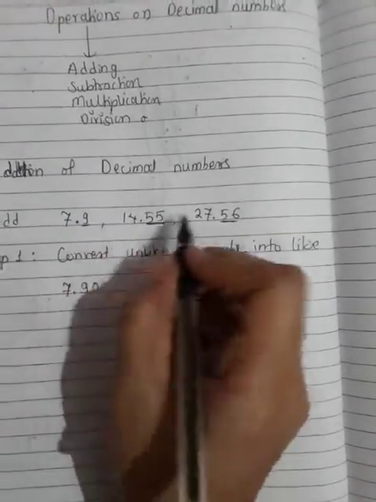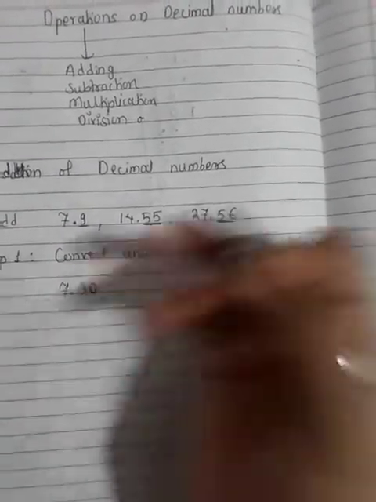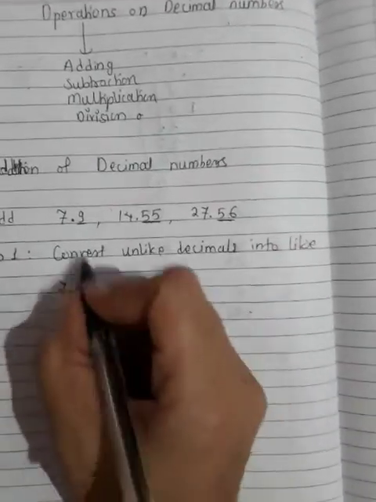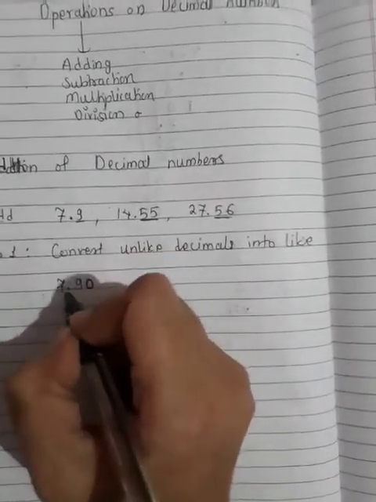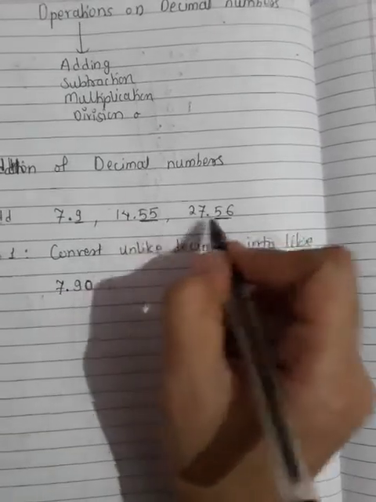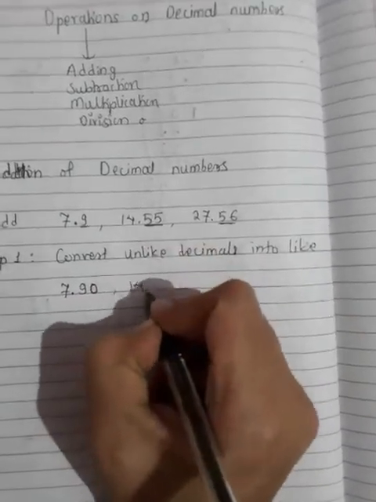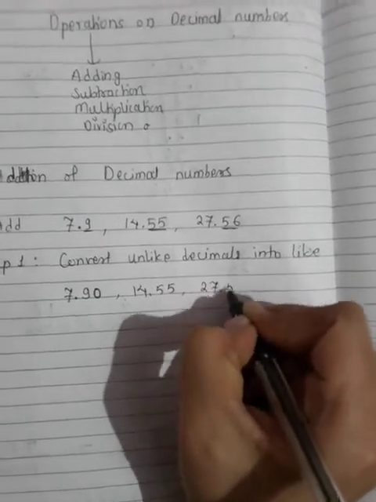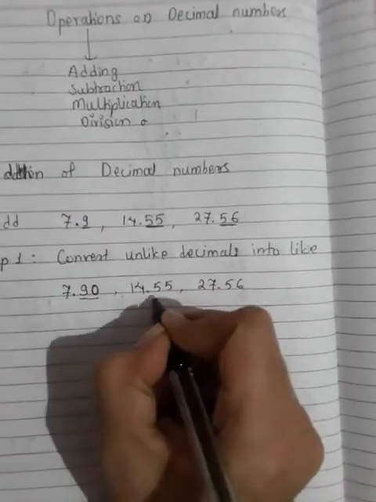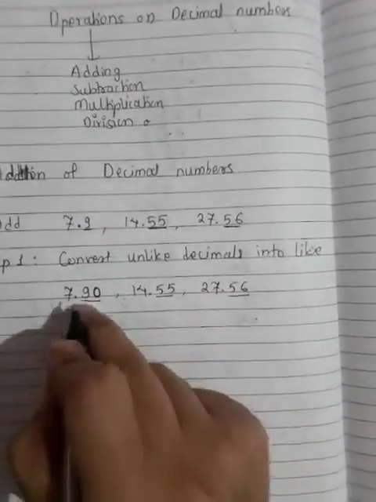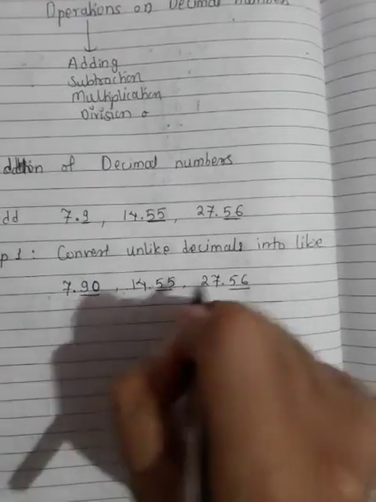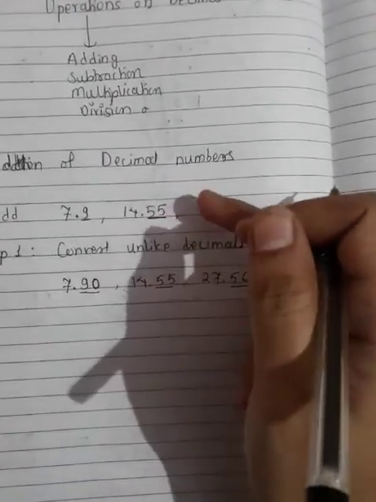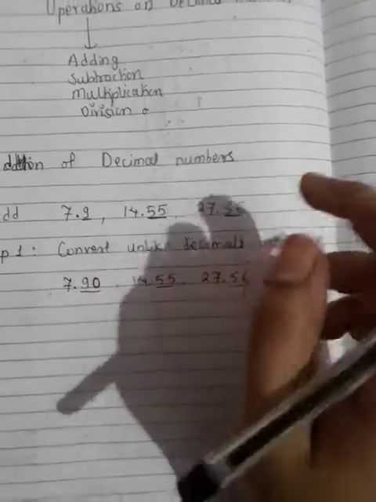To make the same number of decimal places, we add 0 on the extreme right side. Now put down all the others as they are because they have two decimal places. Here also 2, 2, 2. All these three numbers have two decimal places.